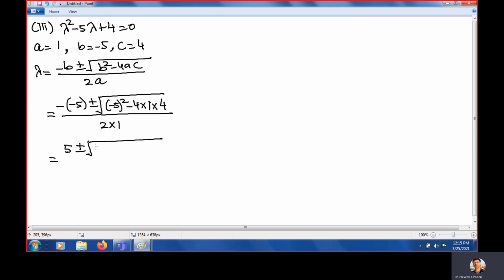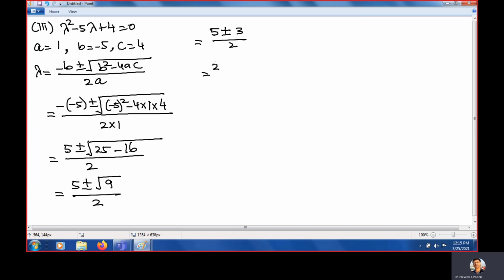The square of minus 5 is 25, minus 4 times 1 times 4, which is 16, upon 2. So 25 minus 16 is 9, and 5 plus minus the square root of 9, which is 3, upon 2.